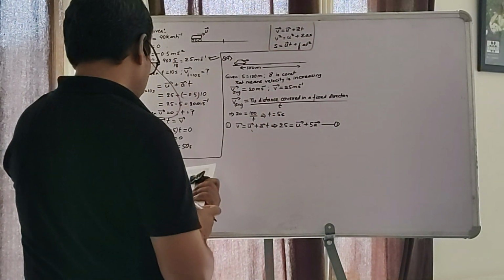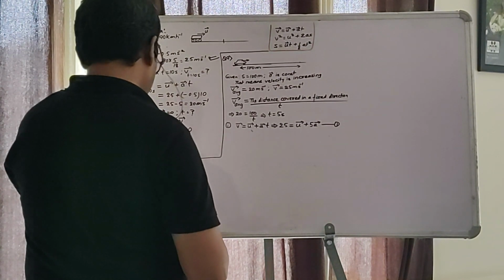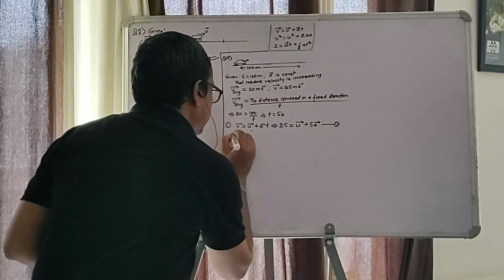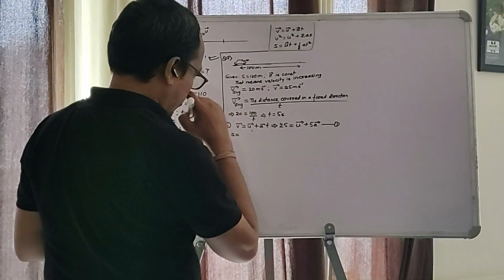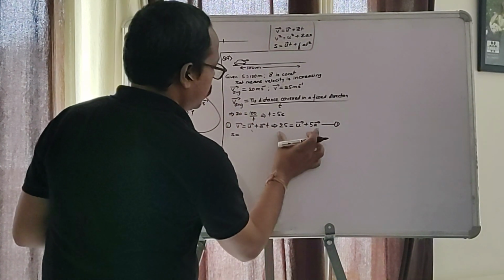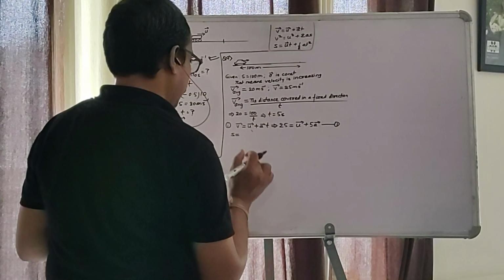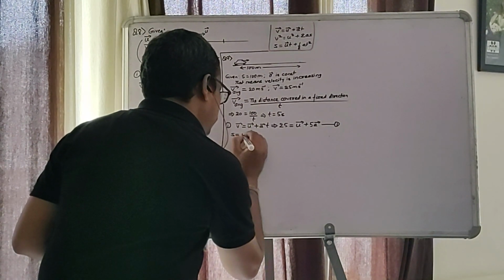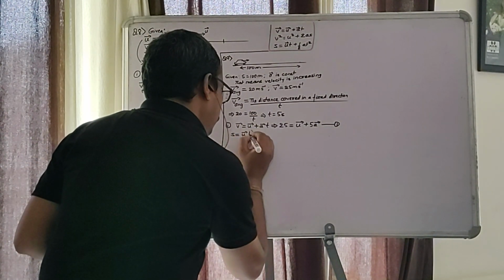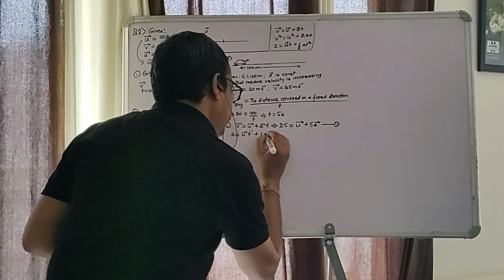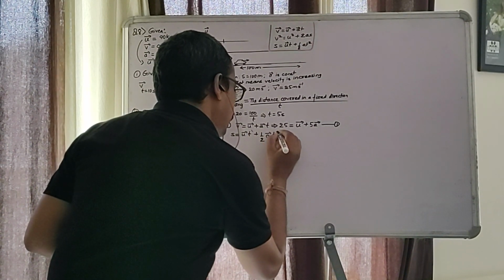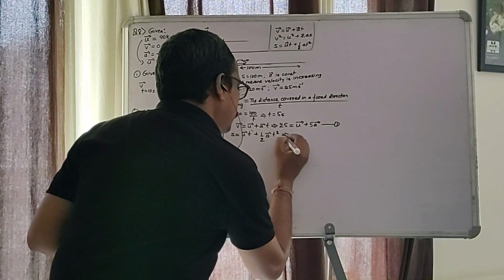We have to find out U. But there are two unknown variables. So we have to use S equal to UT plus half AT square. What is the value of S?